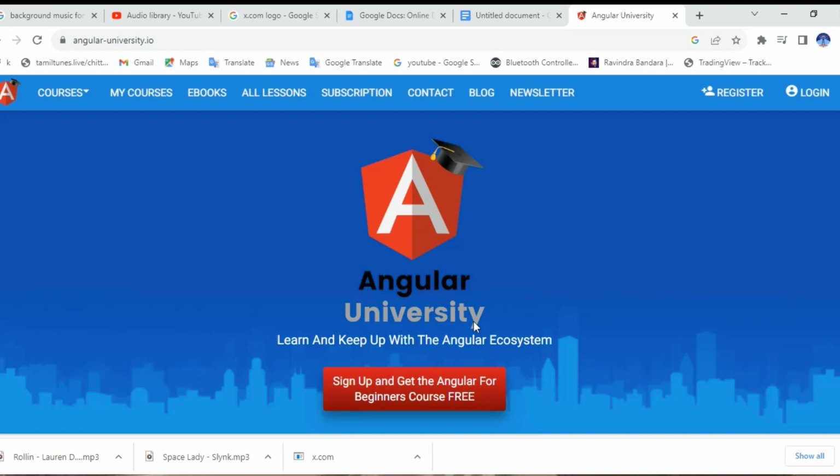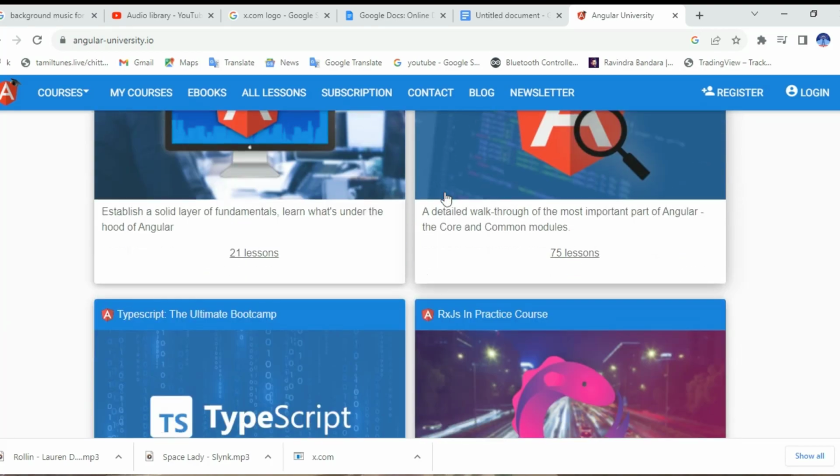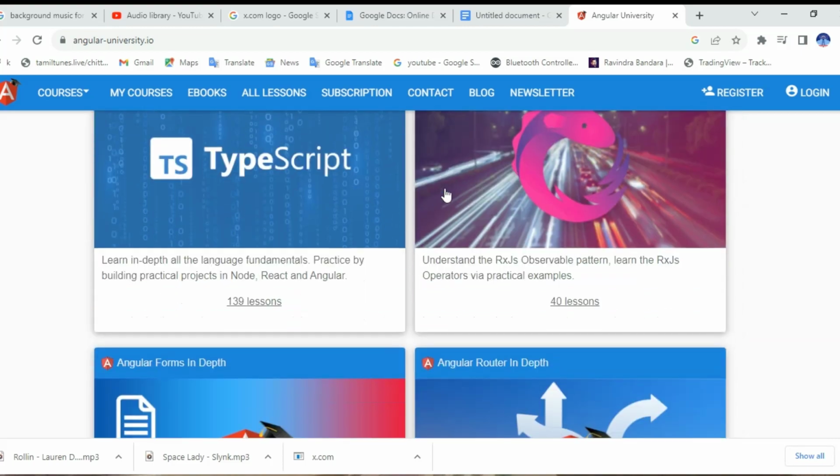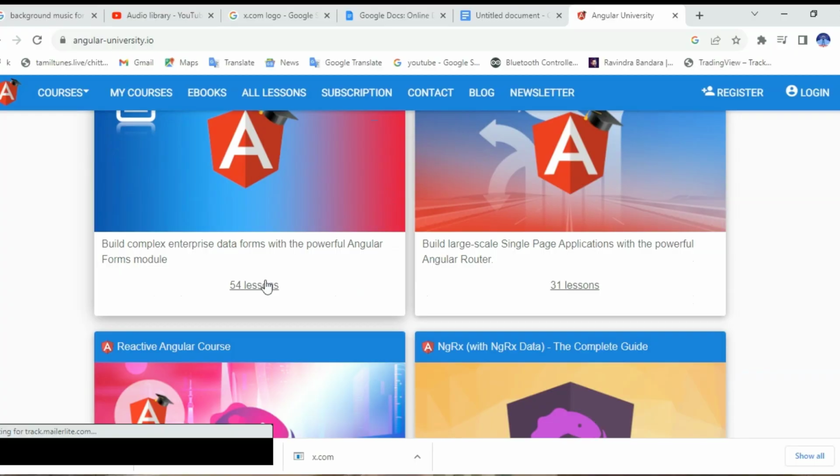Number 3, use online resources. There are a lot of free online platforms, such as edX, Coursera, Udemy, W3Schools, the Angular official website, and Angular University. Wow, a lot of resources available online. The only thing you need is to be hungry to learn Angular.